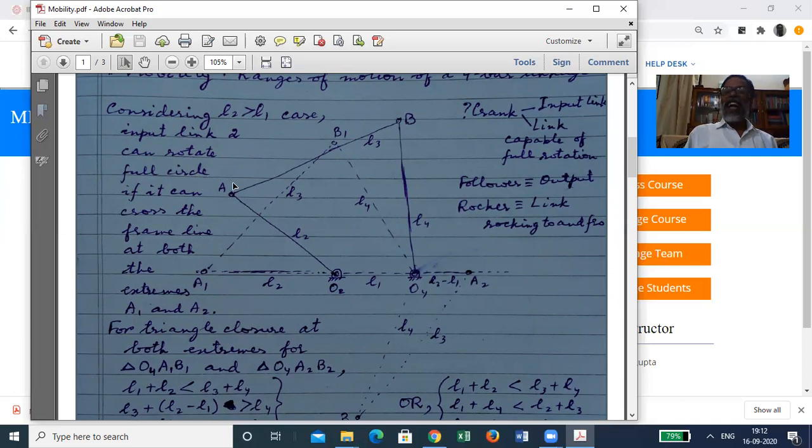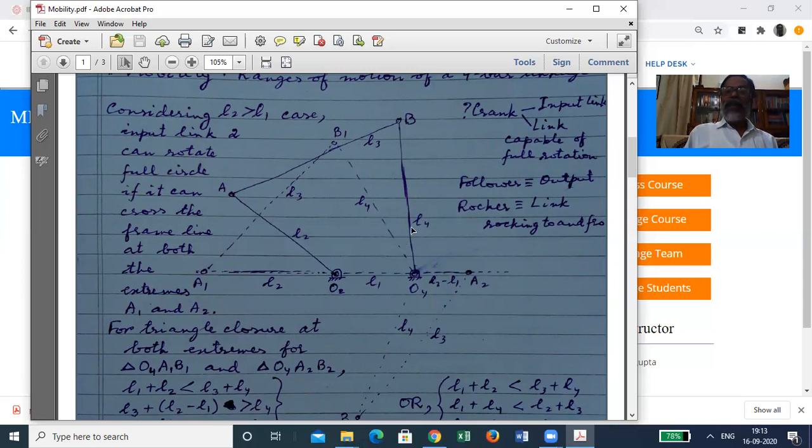And if this is the shortest, then that will not be possible. Why? Because when this angle becomes 180 degree, then these two go in one line, long, long, long, and this is shortest.